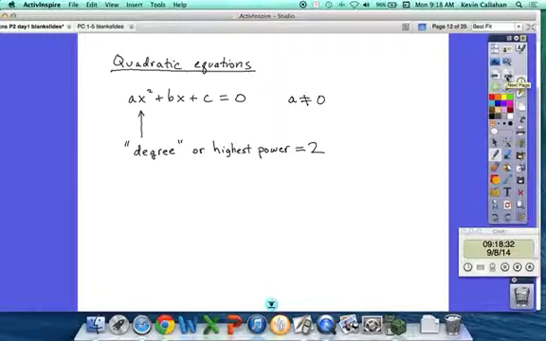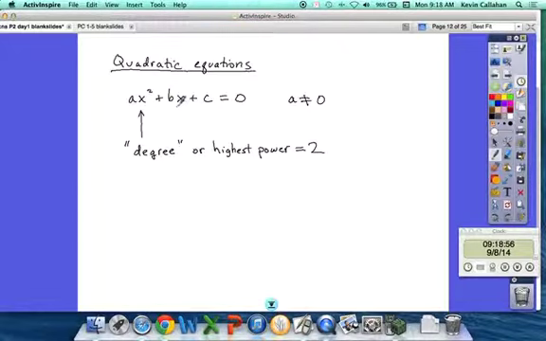Okay, quadratic equations mean the highest power is 2, right? And the general equation, the standard equation, is ax squared plus bx plus c equals 0. The one thing you know for sure is a does not equal 0, because if it did, you wouldn't have a squared term.